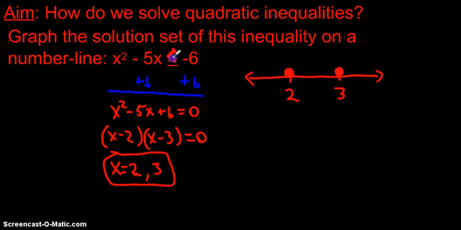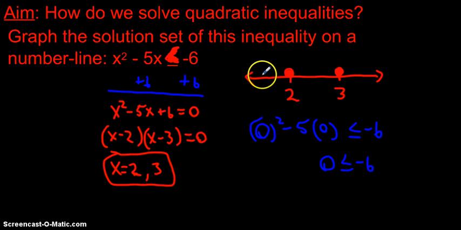So if this is x squared minus 5x is less than or equal to negative 6, let's try plugging in 0 and see what happens. 0 squared minus 5 times 0 is less than or equal to negative 6. This says that 0 is less than or equal to negative 6.